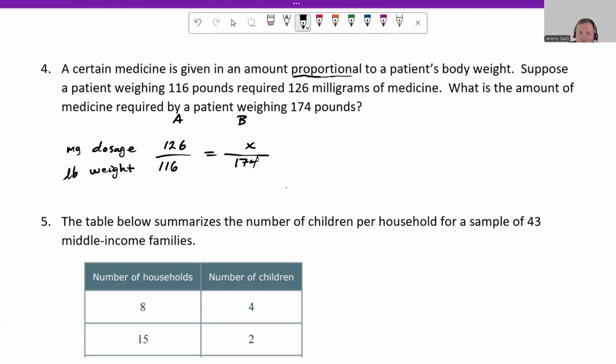And then my unknown is the dosage, right? What amount of medicine? Well, that's the dosage. Then we just cross multiply.